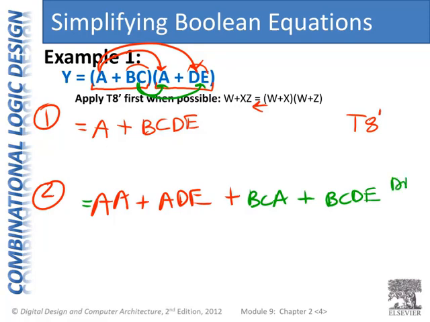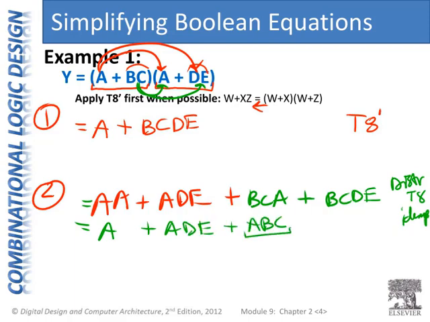So distributivity. And then we're going to get A and A, idempotency, or ADE, or ABC. I just used commutativity on that term, or BCDE.